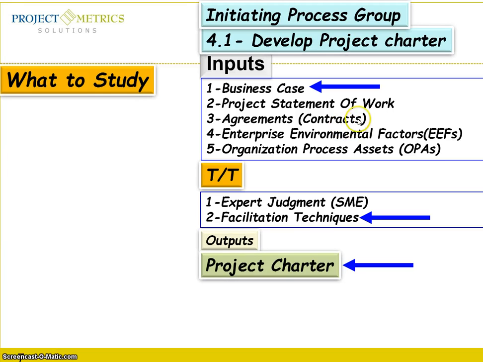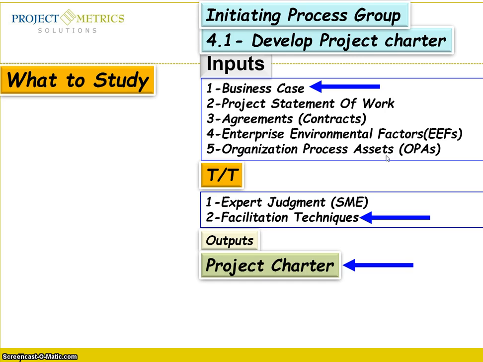And then enterprise environmental factors, which, if you still remember, are about the market demands and the need for new regulation, and the organizational process assets, which are the processes owned by the company.